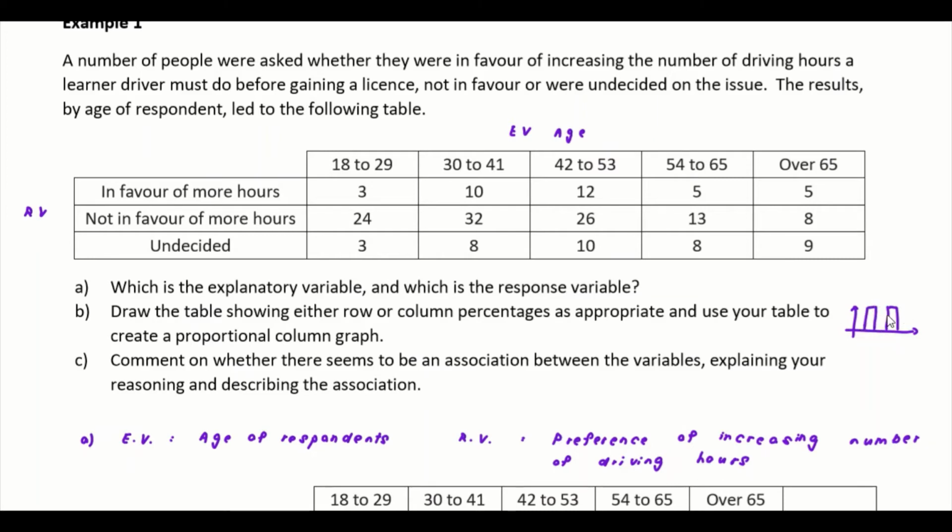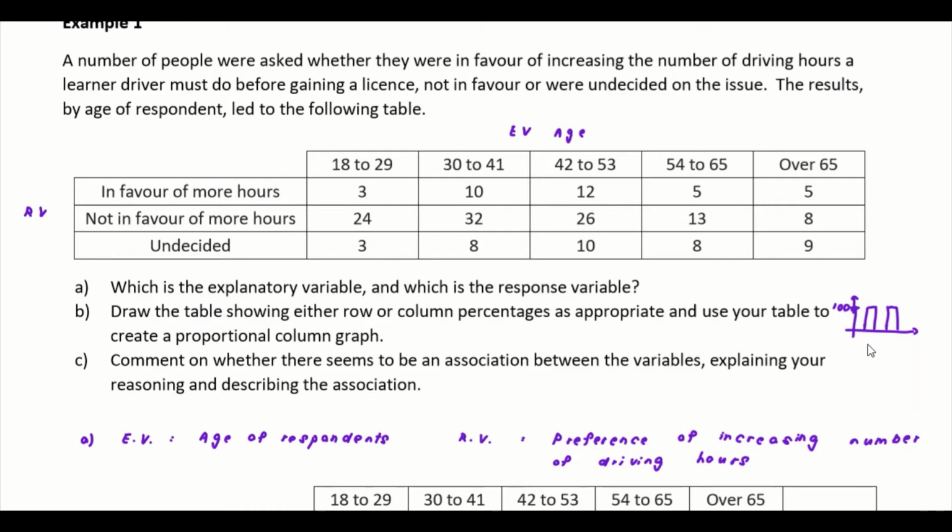Because you are going to create columns with the same height, which is the 100% here. So this is why, when we decide which to use as the subject for the x-axis, we choose the one that is going to give us 100% as a whole.